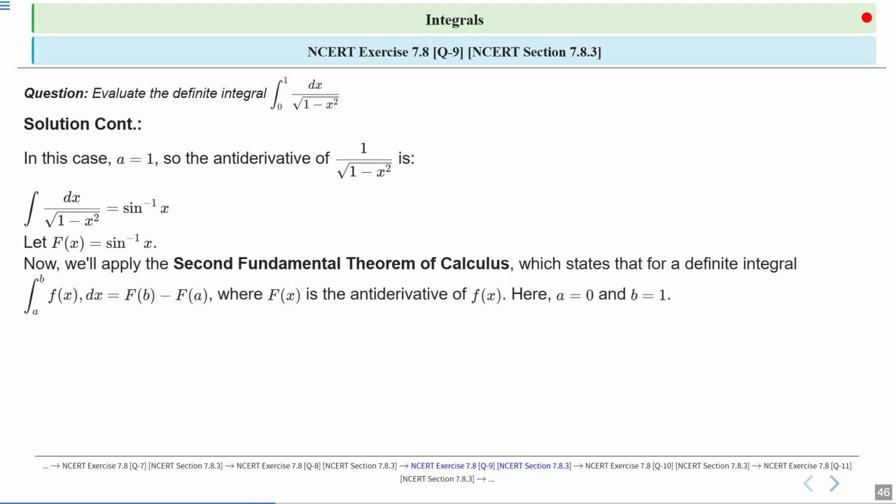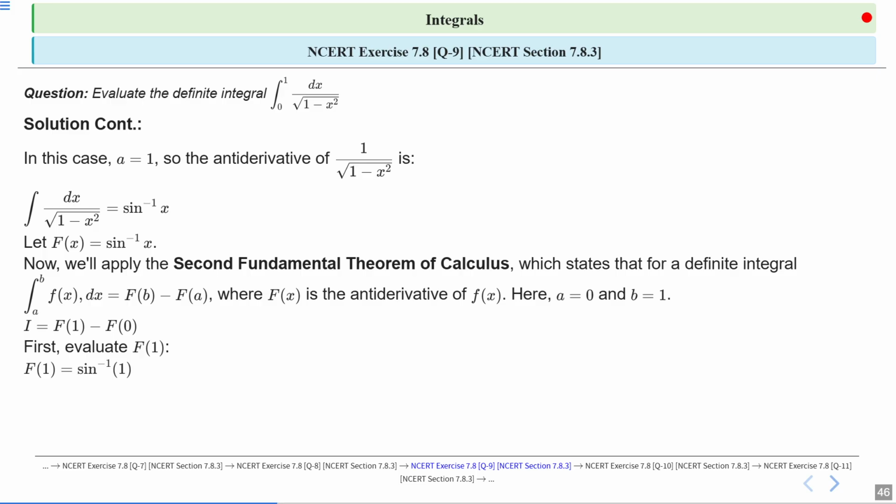Now we apply the second fundamental theorem of calculus. So for that we calculate the antiderivative value at the upper limit, that is 1, then subtract the capital F antiderivative value at the lower limit, that is F0. So I is equal to F1 minus F0.